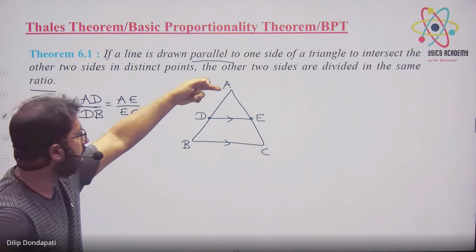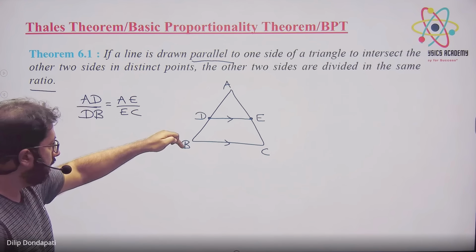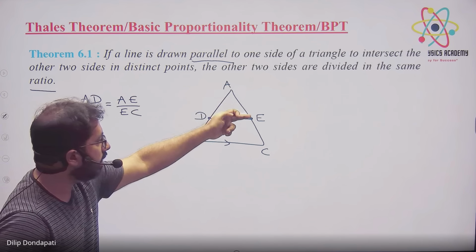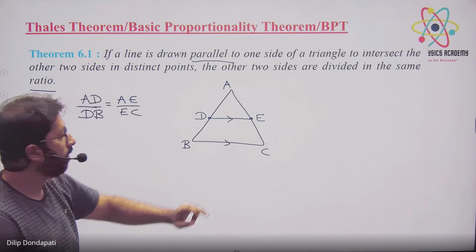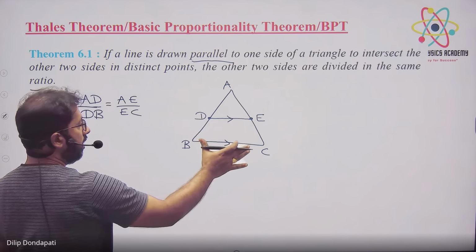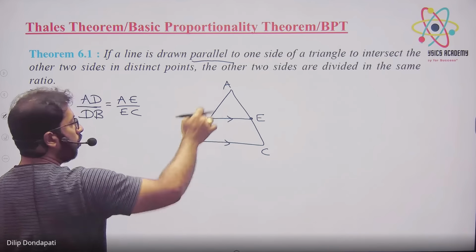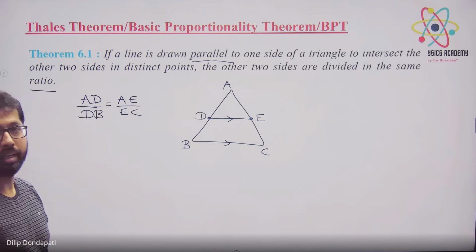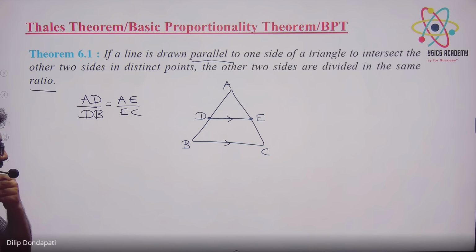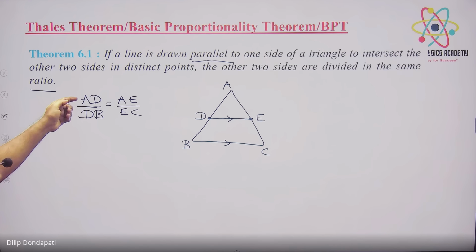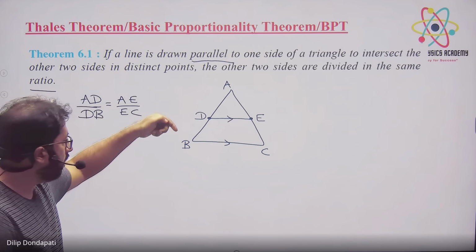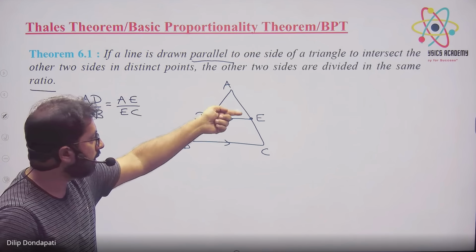See, AD by DB is equal to AE by EC. This condition is satisfied only when the line is parallel to the third side. The parallel line touching the 2 points will divide the sides only in the same proportion. Okay. AD by DB is equal to AE by EC.